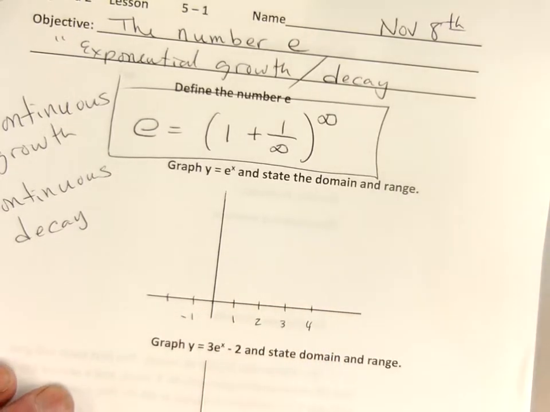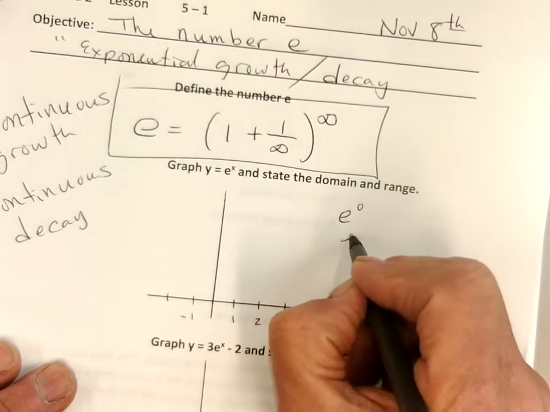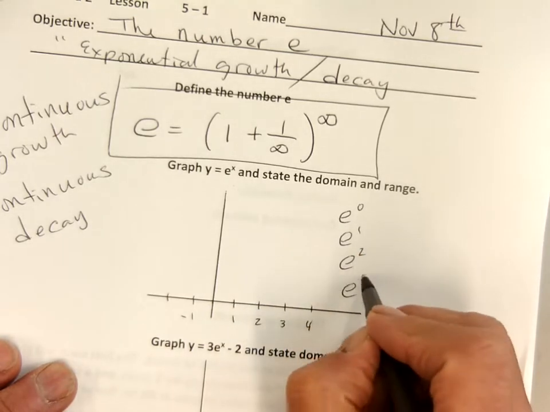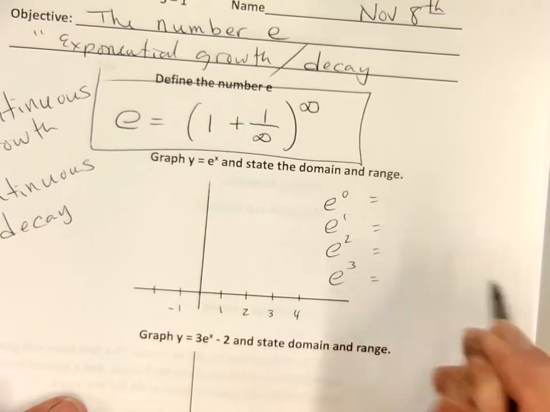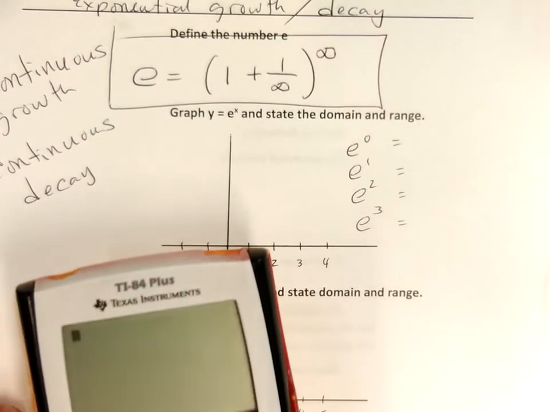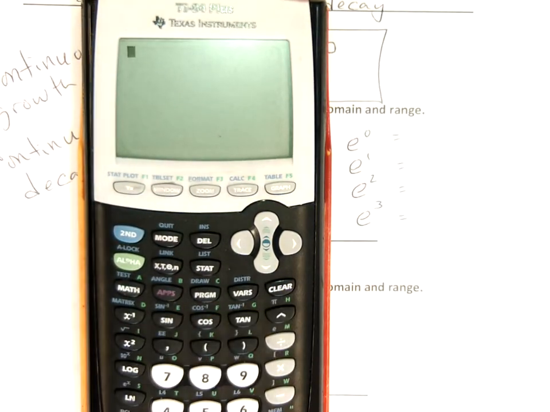All right. So, if I want to graph y equals e to the x, then I'm going to plug in some numbers: e to the 0, e to the 1, e to the 2, e to the 3, and that should give me some numbers. In my calculator, I'll show you.